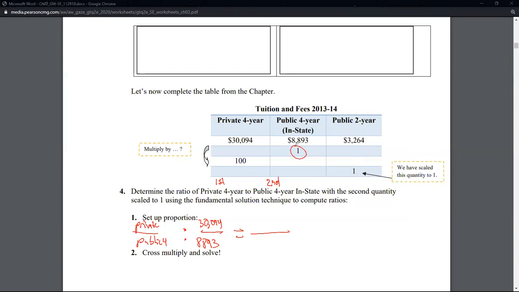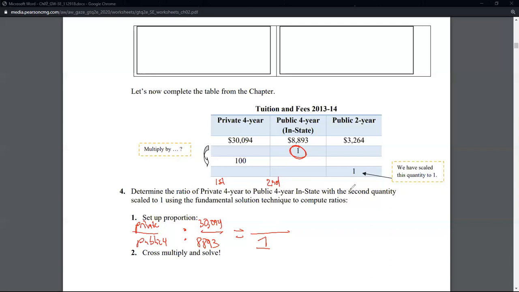This is the one that we are referring to because we're scaling the public 4-year to 1. So we put a 1 in the public 4-year column and blanks in the other spots of those rows to find them, essentially. So we're scaling the second quantity, the public 4-year, to 1. That's why we put a 1 here.